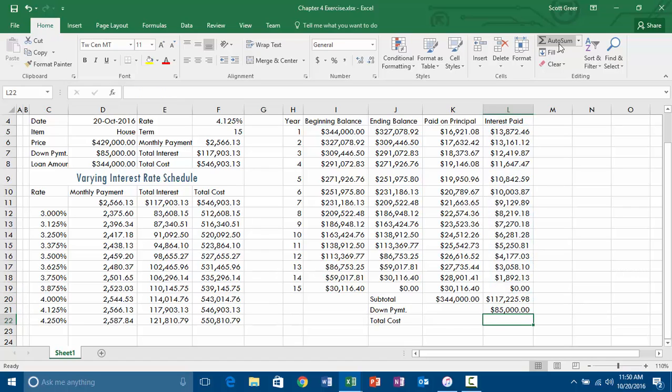And then we're going to write a formula for a total cost here, which is all of this added together. So I want to take the subtotal of principal, the subtotal of interest paid, plus our down payment, to come up with a total cost of $546,225.98.